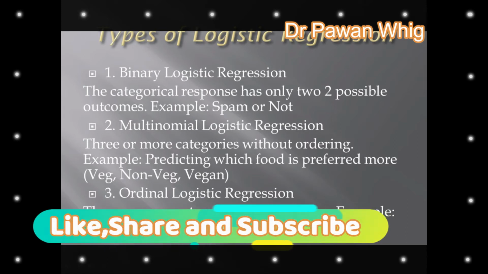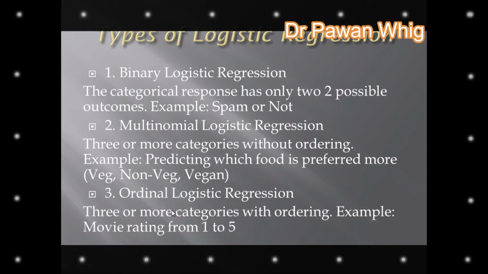Then there is a third form of logistic regression, what we call ordinal logistic regression: 3 or more categories with ordering, for example a movie rating from 1 to 5. In that kind of problem, we use ordinal logistic regression.